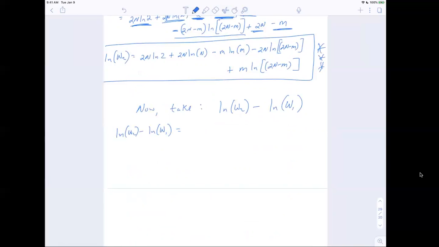So let's see. Log of W2 is right here, so let's just rewrite it.